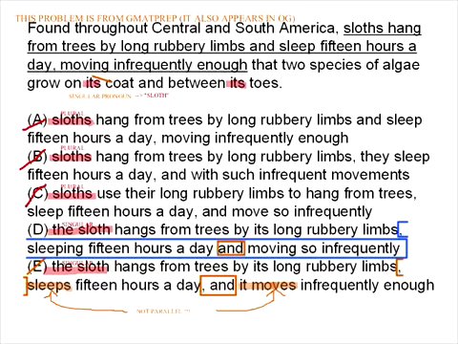And then within that, you have moving and sleeping. It's only two items that are parallel. And those are perfectly parallel. Moving, sleeping. By contrast, this first part is the main clause. The sloth hangs from trees by its long, rubbery limbs. Just like Joe ran down the street, this is the main clause. It doesn't have to be parallel to anything.